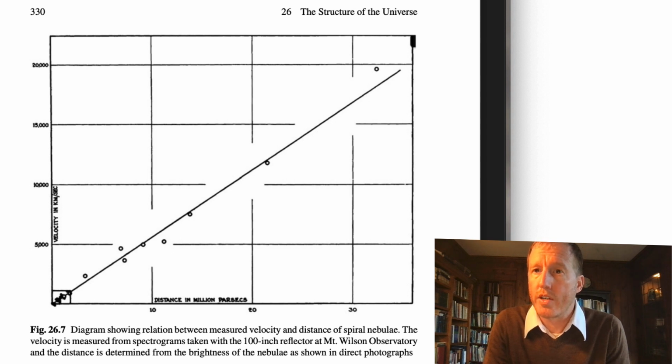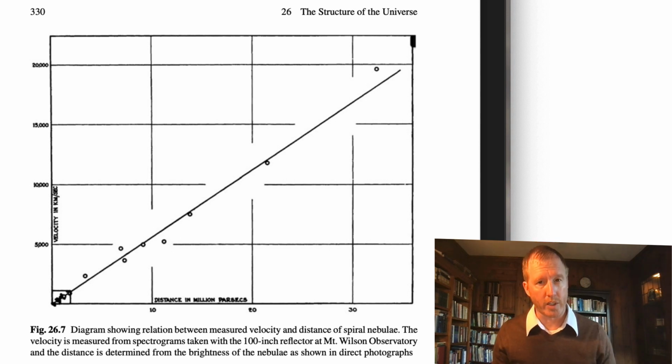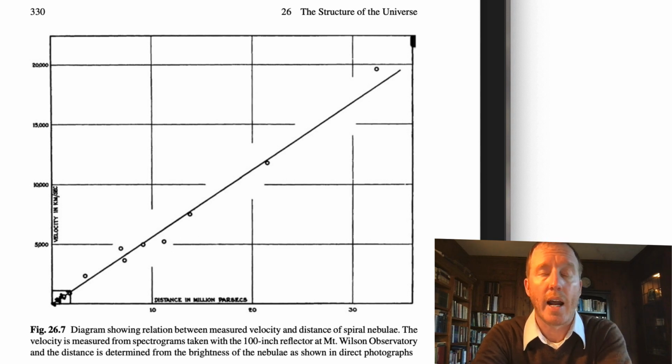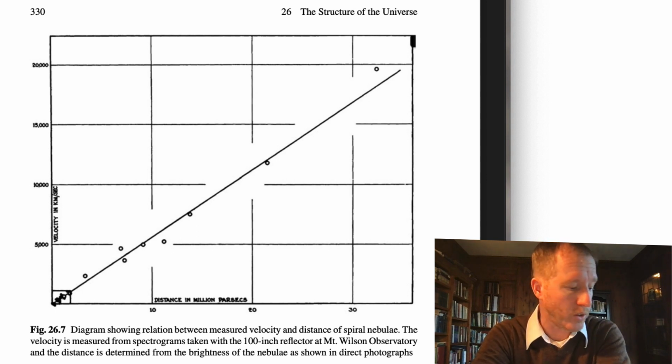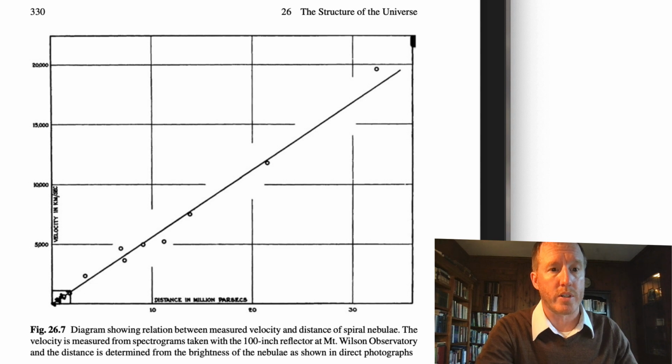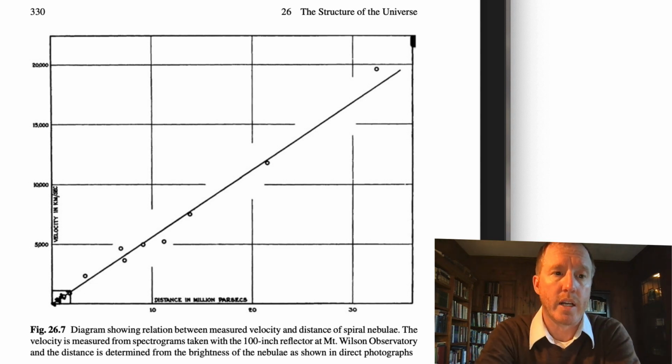The more redshifted ones are moving at a higher velocity away from us. And there's a well-known relationship between the Doppler shift and the velocity. So you can plot the velocity of these various galaxies as a function of the distance that they are located from us. And you find out that the ones that are more distant from us are certainly moving, according to this interpretation, at a higher velocity.